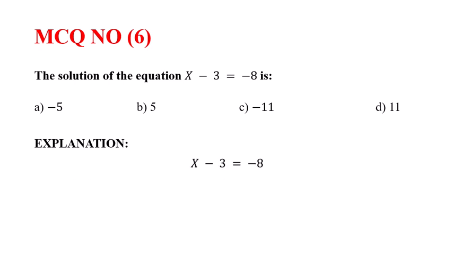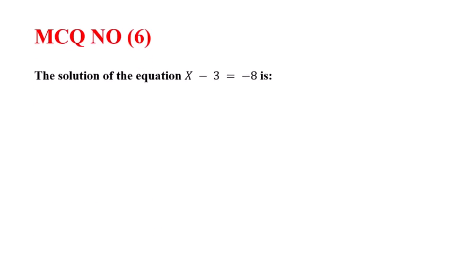Explanation: according to the given equation x minus 3 is equal to minus 8, so minus 3 shifts to the other side, it will be positive, so x is equal to minus 8 plus 3, so x is equal to minus 5. So the final answer of MCQ number 6 is A. A option is correct, that is equal to minus 5.